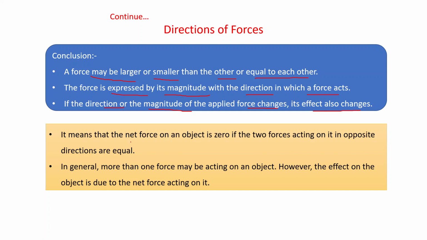It means that the net force on an object is zero if the two forces acting on it in opposite directions are equal. In general, more than one force may be acting on an object. However, the effect on the object is due to the net force acting on it.